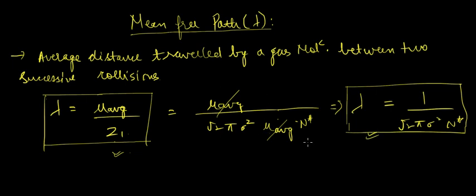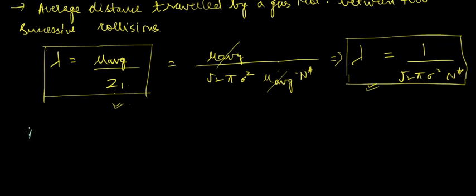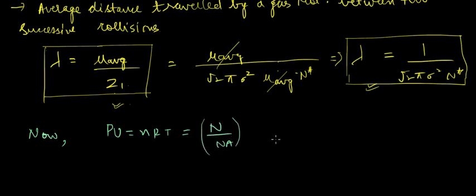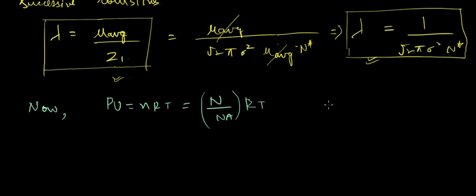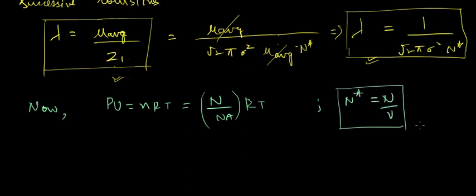Now we know that PV equals nRT, and n can be written as number of molecules of gas divided by Avogadro number, N A. And we know that n star is equal to the number of molecules per unit volume of the colliding particles.